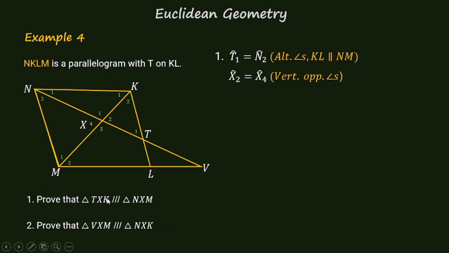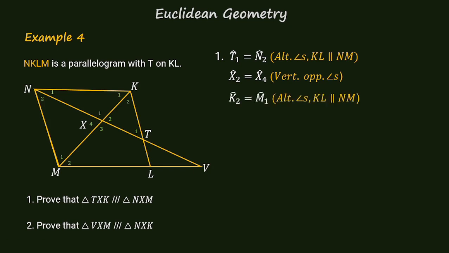Now let's look at K and M. In this triangle TXK, K2 will be equal to M1 in triangle NXM. So K2 will be equal to M1. These are alternating angles. Remember, KL is parallel to NM. So K2 equals M1.